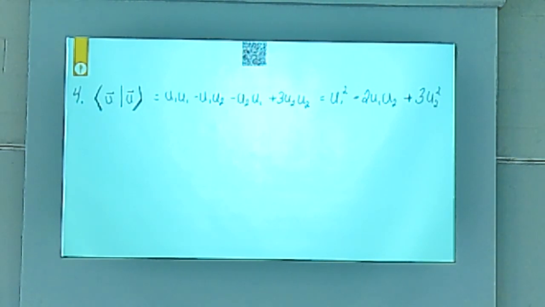How can we show that's greater than or equal to 0? Could you show me what axiom again?